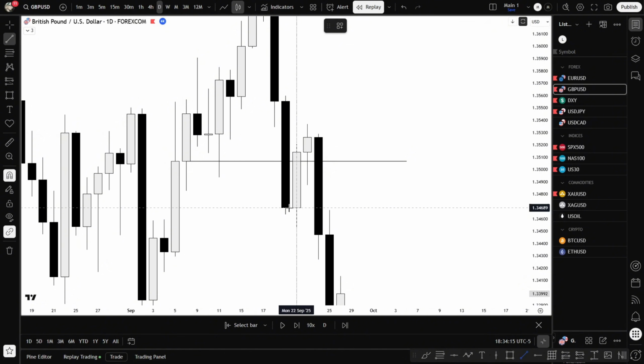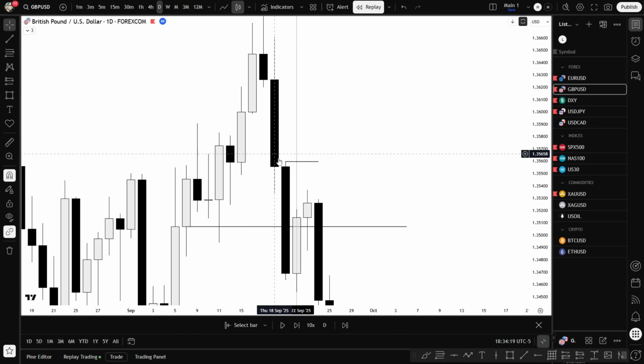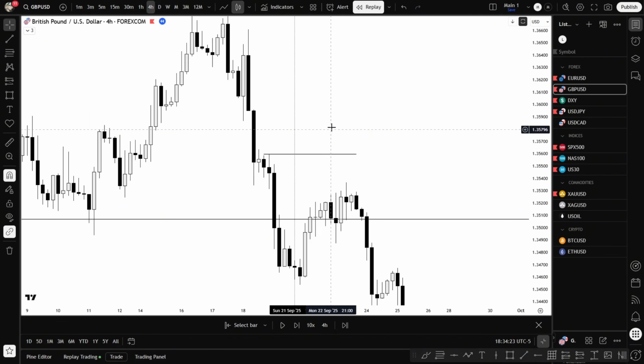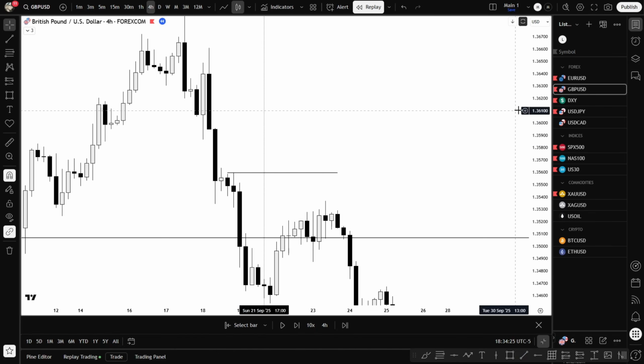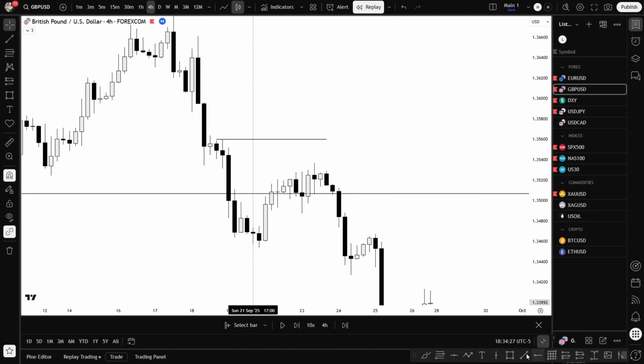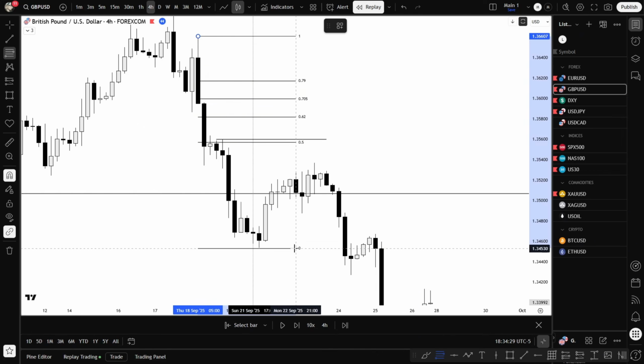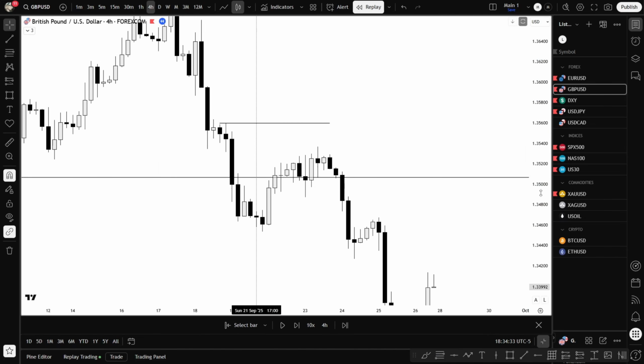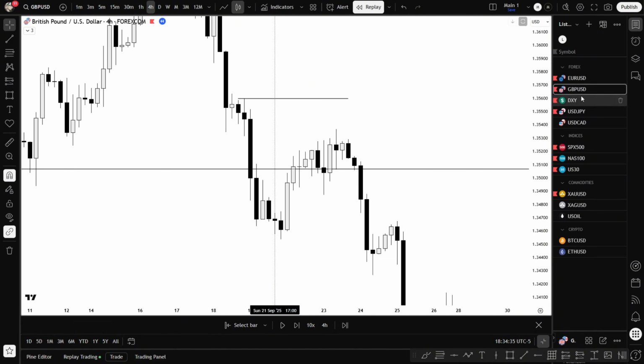We have Monday here, so before Monday you're going to monitor this FVG. We have the target here, and we can also do the discount premium. So it's 15%.